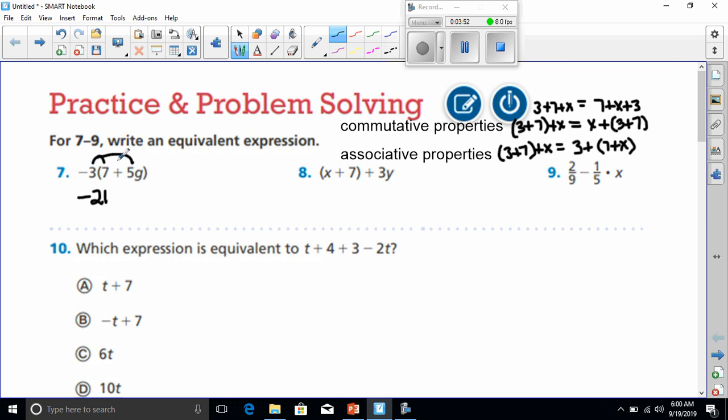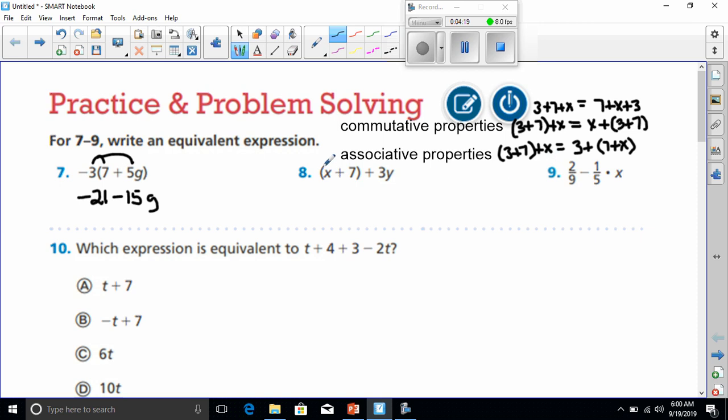Now, -3 times +5g is -15g. And that would be my new expression for number 7.